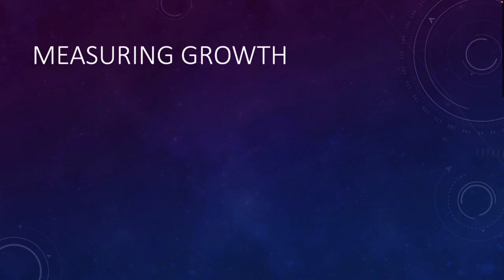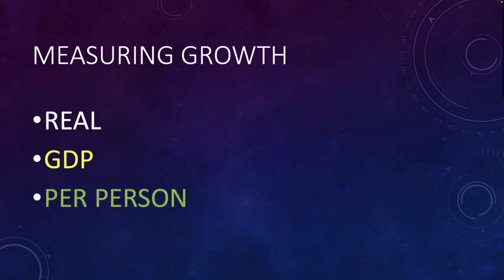So the first thing we want to do, as we examine economic growth and what causes economic growth, is to be able to measure it. We've talked a little bit about this idea as well. Economic growth is a measure of a change in the real GDP per person.